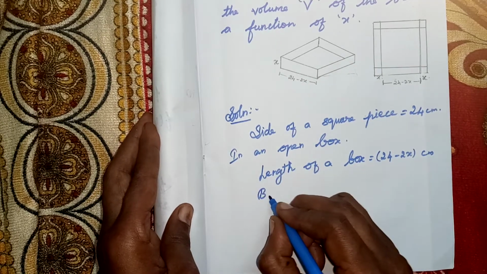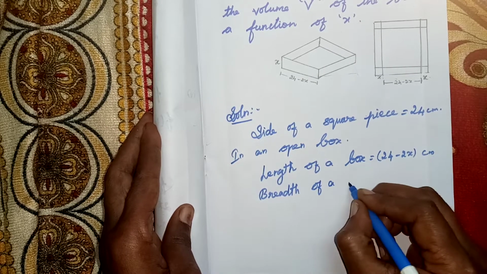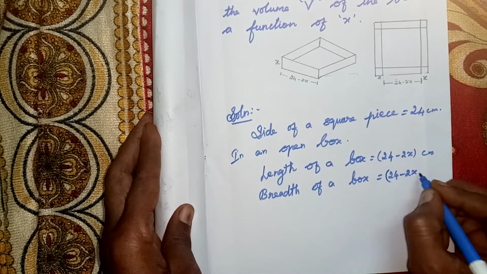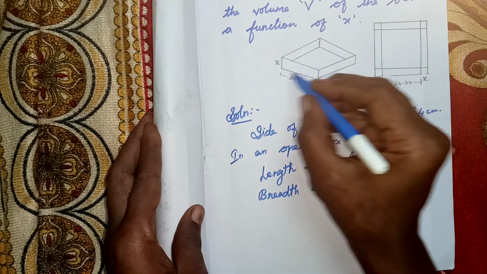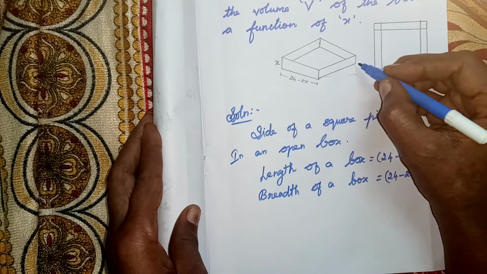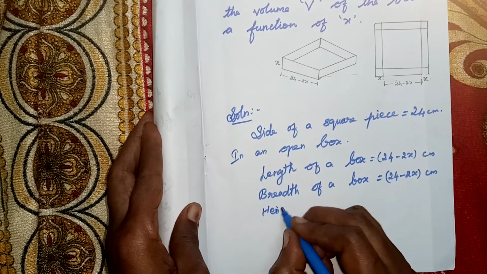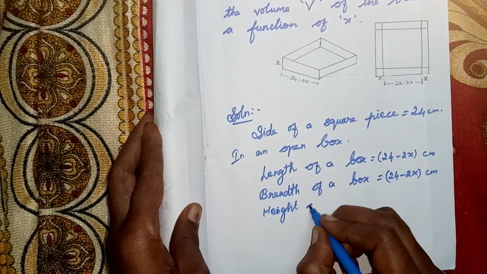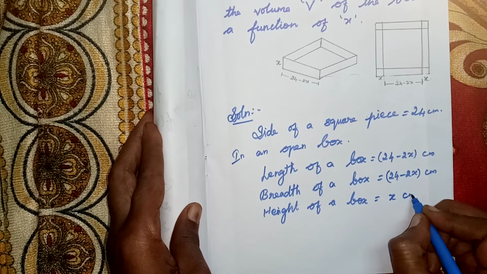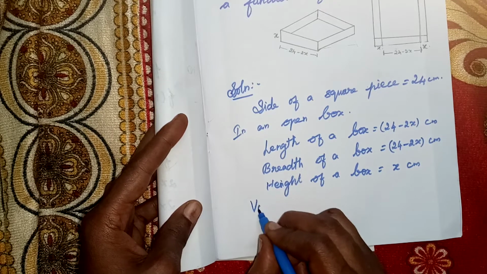Next, breadth of a box is equal to 24 minus 2X centimeter. Okay, length is this, breadth is this. This also 24 minus 2X, here also 24 minus 2X. Height is X centimeter. Height of a box is equal to X centimeter.